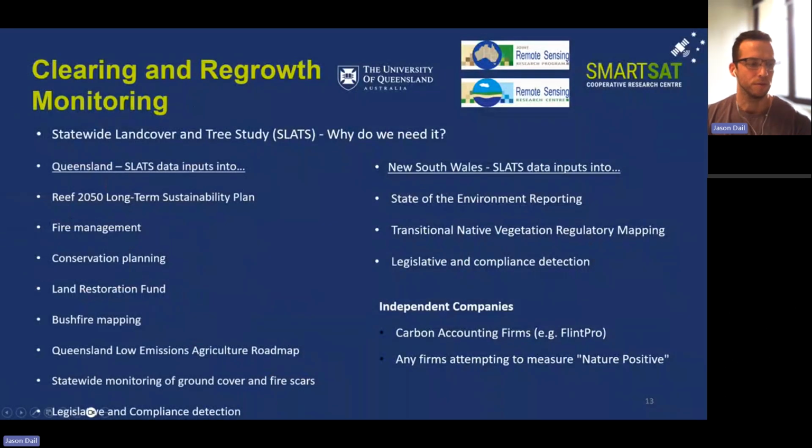So why do we want to monitor clearing and regrowth? The Statewide Landcover and Trees Study, or SLATS, is a methodology that is used across Queensland and New South Wales. The outputs from this SLATS program provide foundational data needed for fire management, for projects working with the Great Barrier Reef, for land restoration, emissions, legislative and compliance detection, as well as many more.